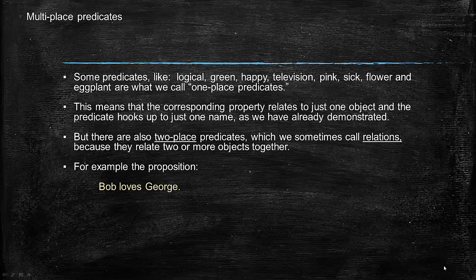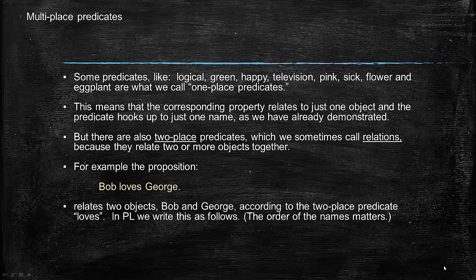And so we have a different way of writing this. It follows the same sort of basic idea. But what we do is we write the predicate first, just like before, but then we write the names afterwards. Okay, so again, this reads kind of oddly.